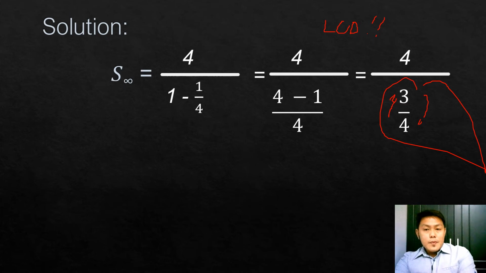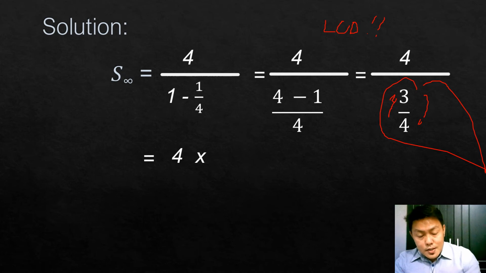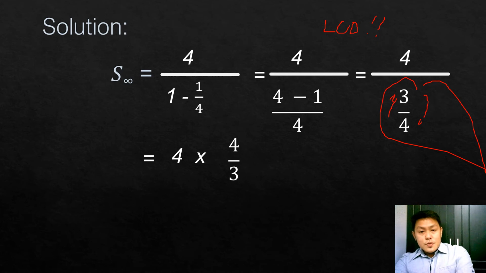Now again, to divide this, we go back to multiplication: we copy the numerator, then we multiply by the reciprocal of 3 over 4. And the reciprocal of 3 over 4 is 4 over 3. Now we multiply 4 times 4 equals 16, then over 1 times 3 is 3.